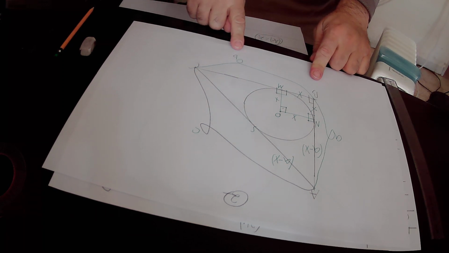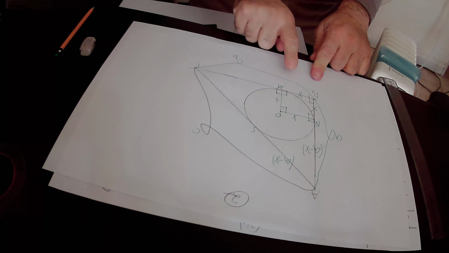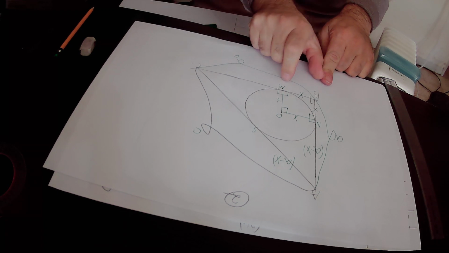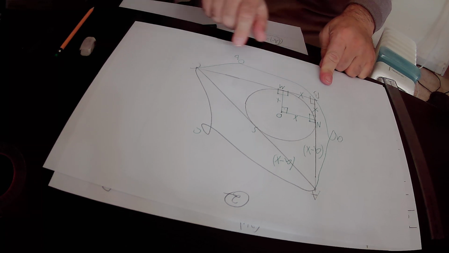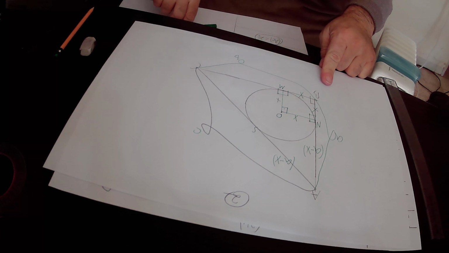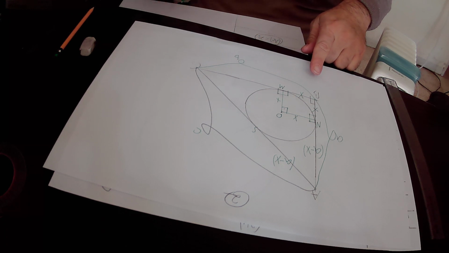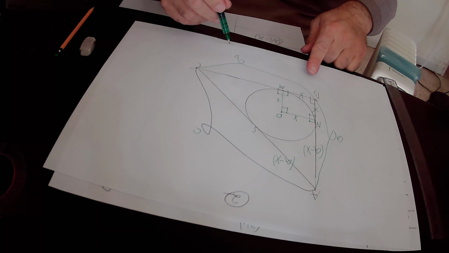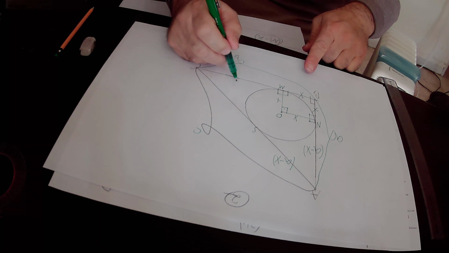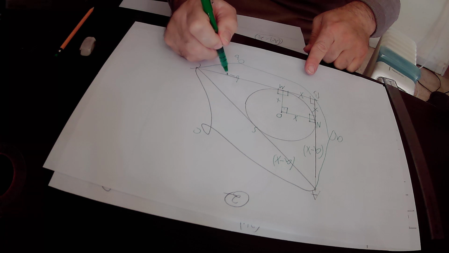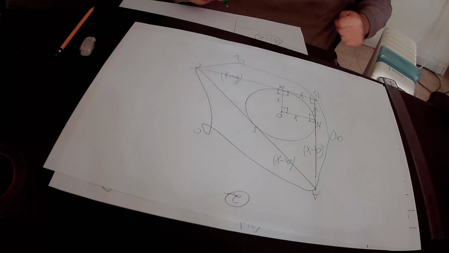BC equals B units in length and BM equals x. BC minus BM is MC. BC is B and BM is x. So MC must be equal to BC, that is B, minus BM, that is x. So MC equals B minus x.